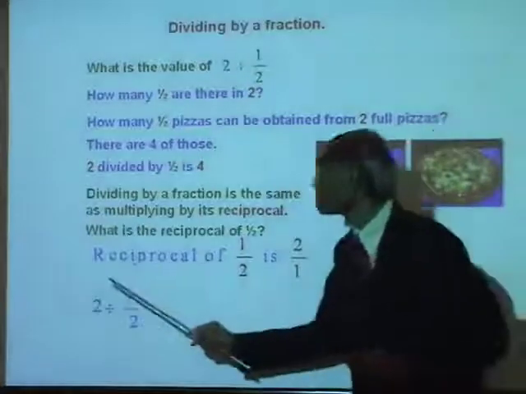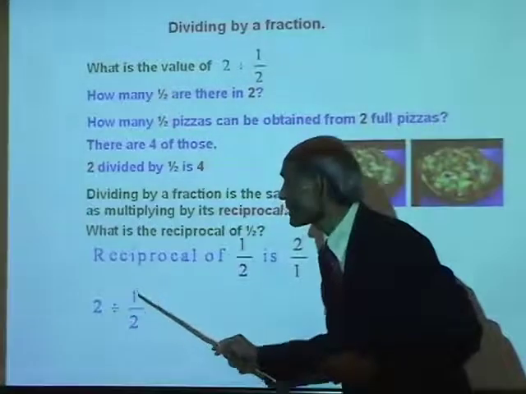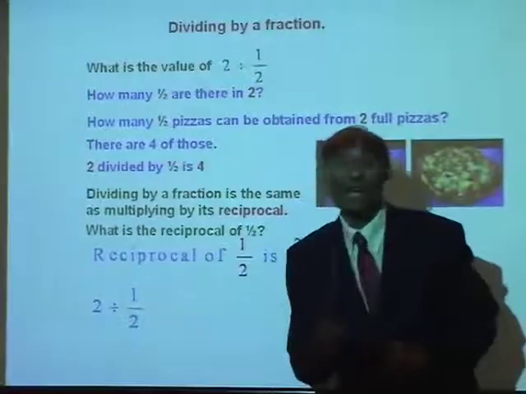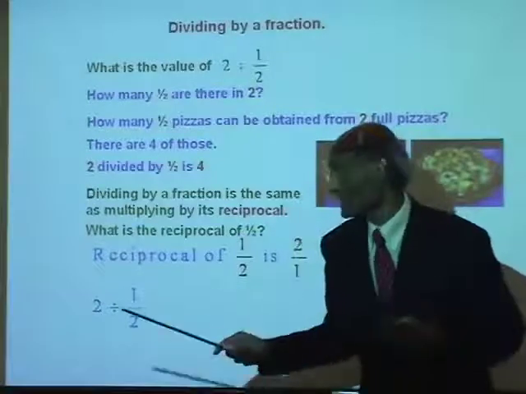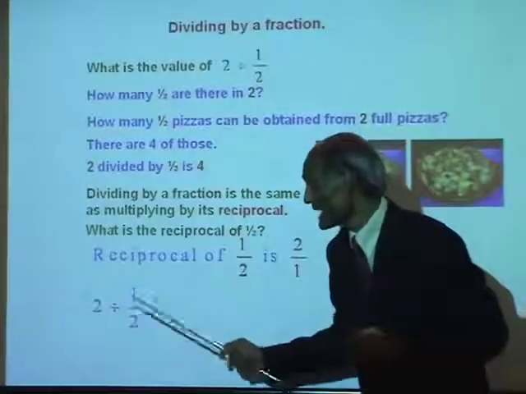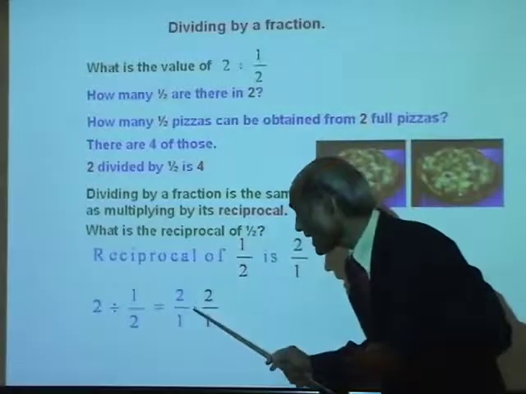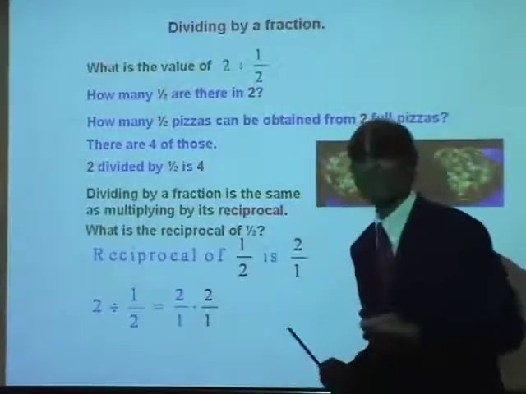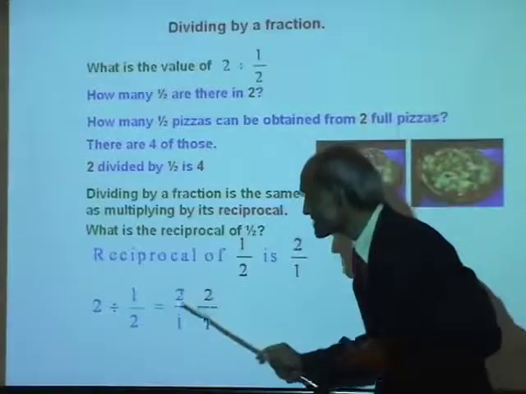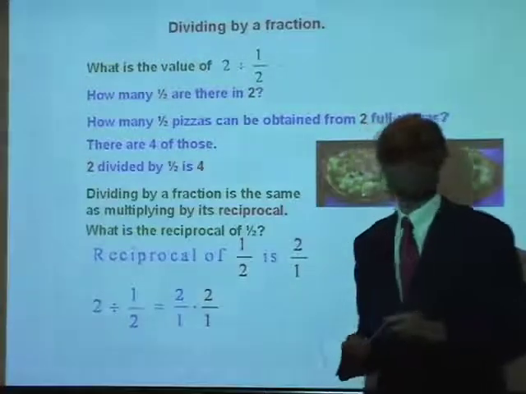What that means is 2 divided by 1/2 is the same as, can you complete that statement? 2 divided by 1/2 is the same as 2 multiplied by 2 over 1. You see, I just wrote that 2 as 2 over 1. It makes no difference.